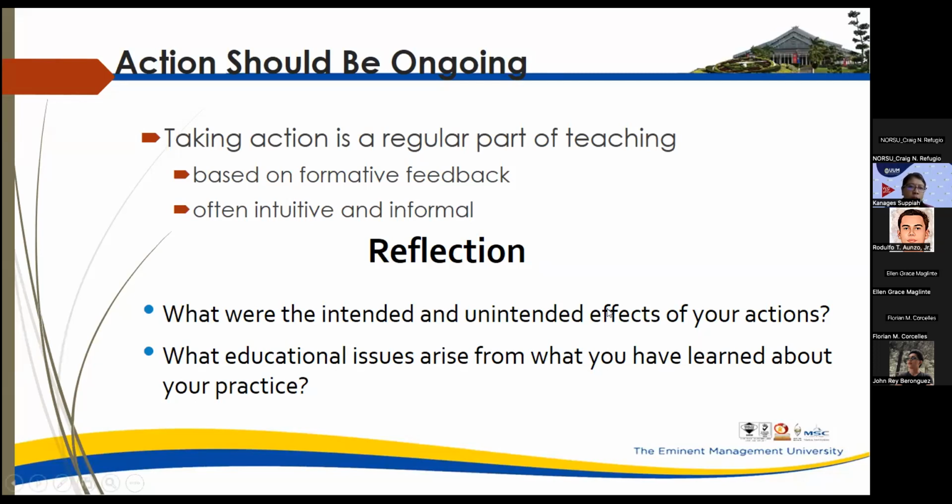Our intentions could be noble, but sometimes there are intended and unintended consequences of our actions, and we need to look at them. Sometimes we don't see it, we're too blind to see it. When students talk to us, when we get researchers to observe, they help us to see our blind spot. And what educational issues arise from what you have learned about your practice? If you ask yourself these two questions, you're actually doing critical reflection.